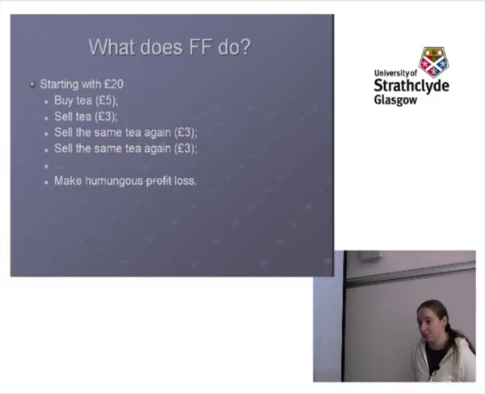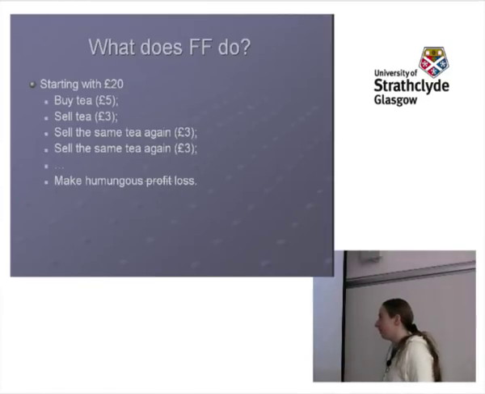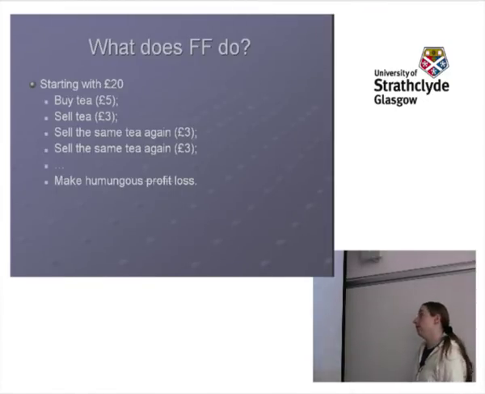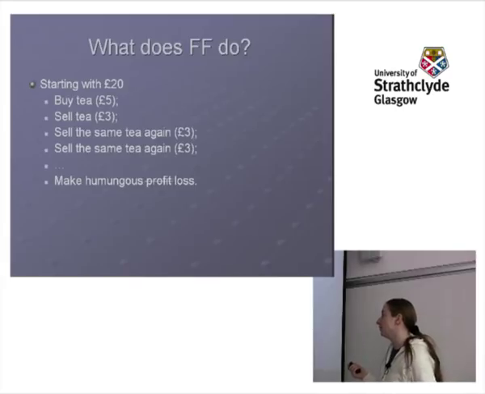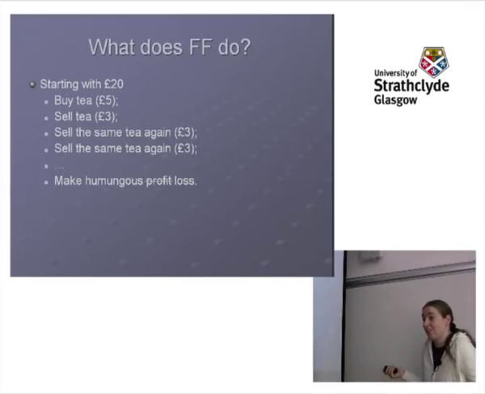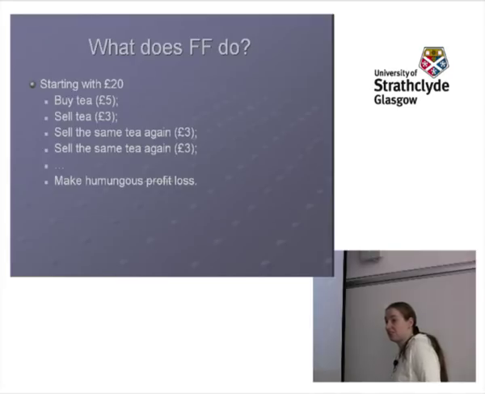So what does FF do with this problem? Metric FF. Well, it starts with £20. It buys tea for £5 and then it sells it back for £3. It then sells the same tea again for £3 because it's not lost the fact that it's got the tea.